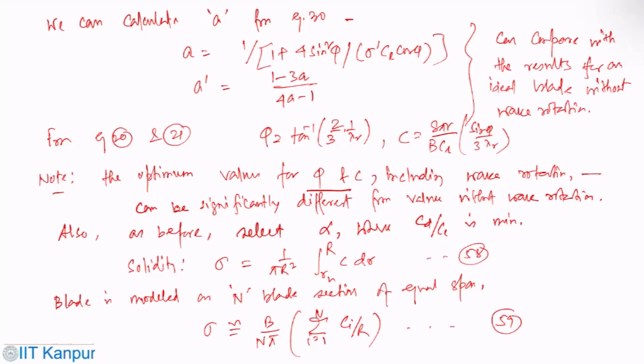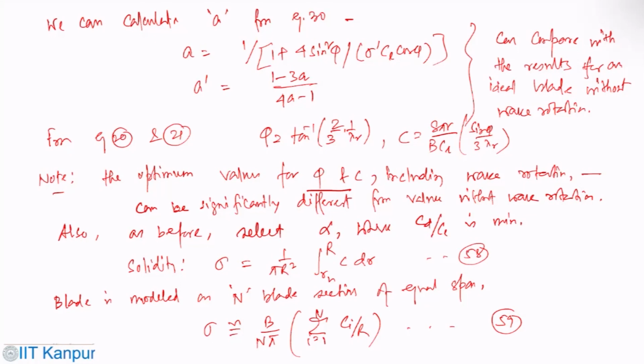For example, any particular slow 12-bladed machine would have blades with roughly constant chord over the outer half of the blade and smaller chords closer to the hub. The blades can have significant twist.